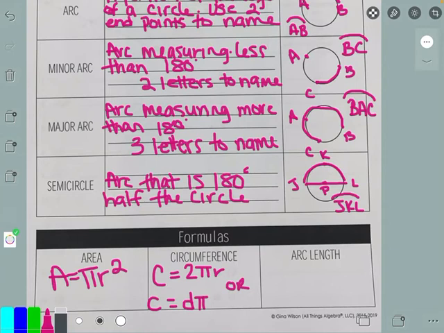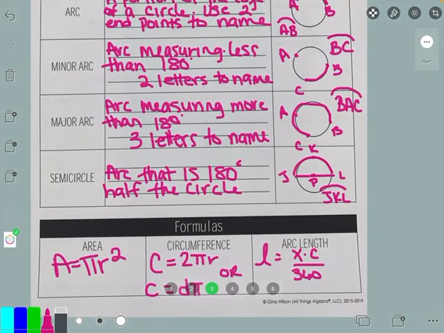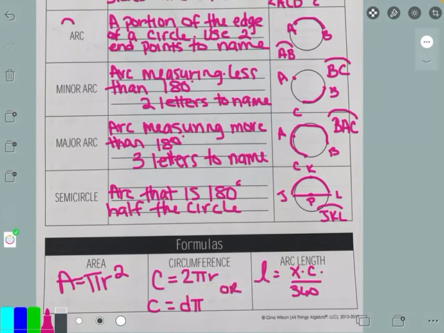This one should be new. Arc length, I'll use a cursive L to talk about it. And we're using some letters here, so x times C divided by 360. C stands for circumference, and x is the degree of the arc we're talking about.